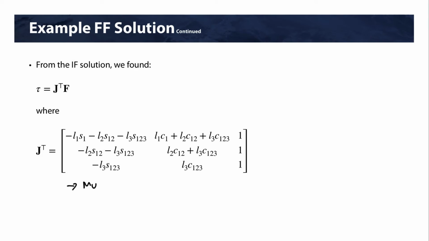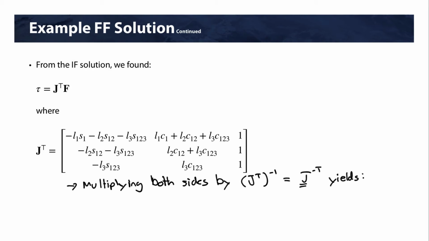So let's make a note. We're going to multiply both sides by J transpose inverse, which we can just write as J inverse transpose. All right, we're going to get J inverse transpose times tau equal to J inverse transpose times J transpose times F. Okay.